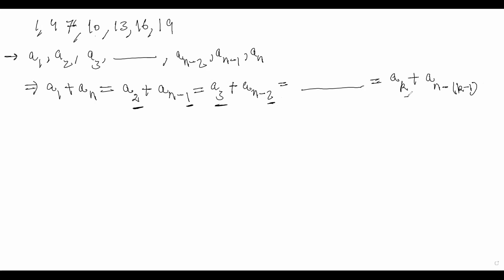So if it's k, we need to subtract k minus 1 from n, which can also be written as ak plus a(n minus k plus 1). Right?